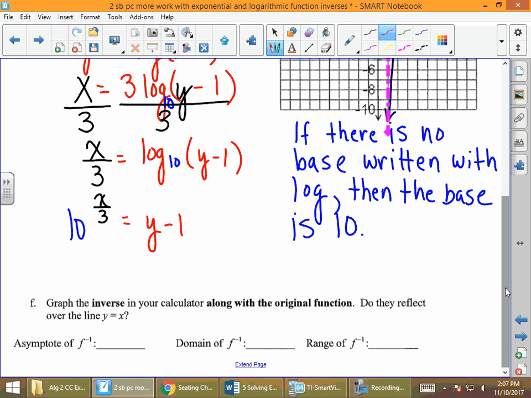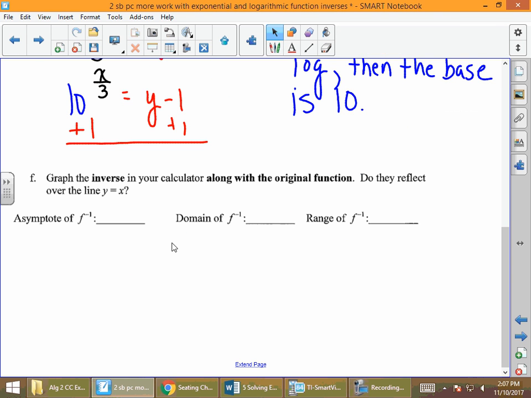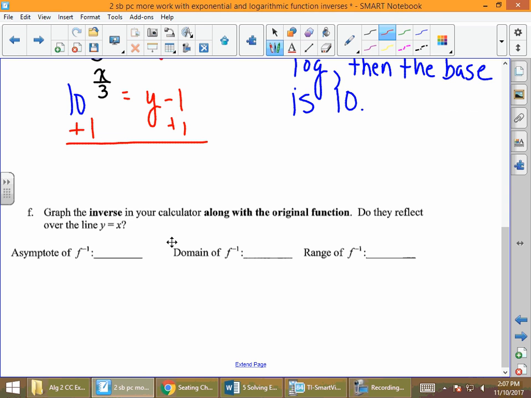So to complete our inverse, we're going to add 1 to both sides. And now we're going to have our inverse, which is 10 to the x over 3 plus 1 equals y. By the way, remember our inverse notation, that's f to the negative 1 of x.